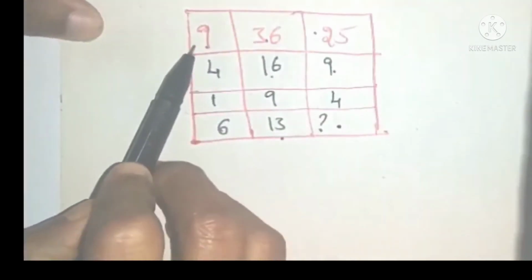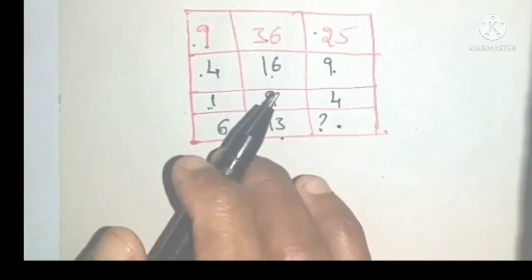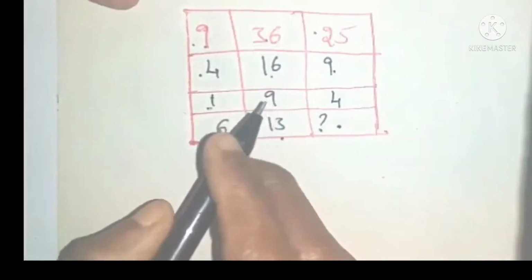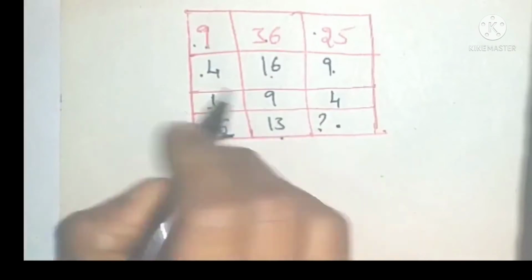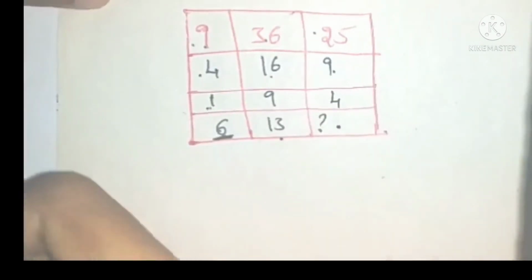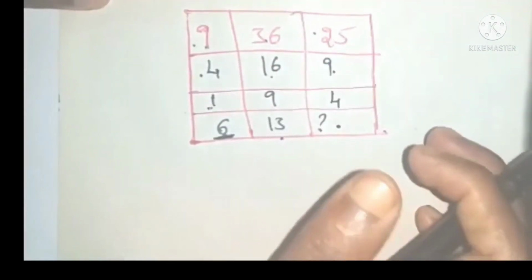Now let's make 9 plus 1, 10, 10 plus 4, 14. 14 if it is divided by 2, we'll get 7. But here our answer is 6. So it's not working. So let's start our second trial. If we trial that, here also it will not be applicable.